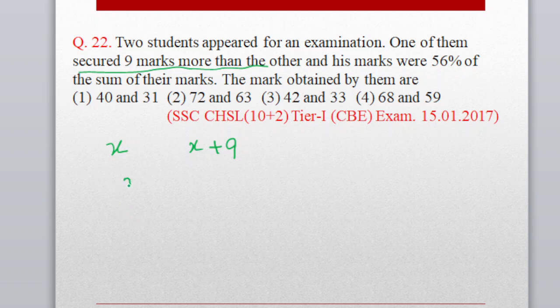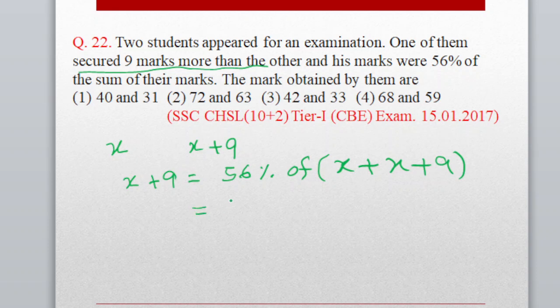That means X plus 9 is equal to 56% of the sum of their marks. Sum of their marks is X plus X plus 9, so that is equal to 56 by 100 into 2x plus 9.